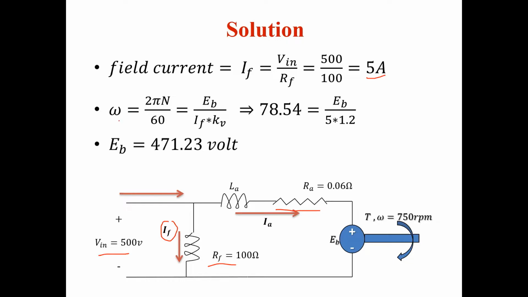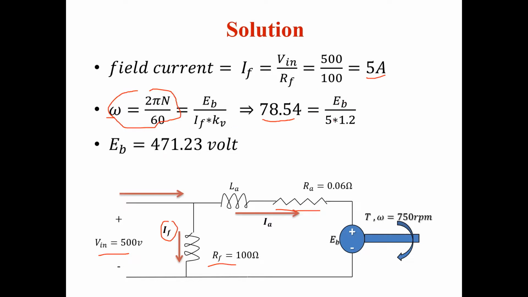And the speed is given in revolutions per minute, so let us convert it into rad per second. Using this equation, the speed becomes about 78.54 rad per second.